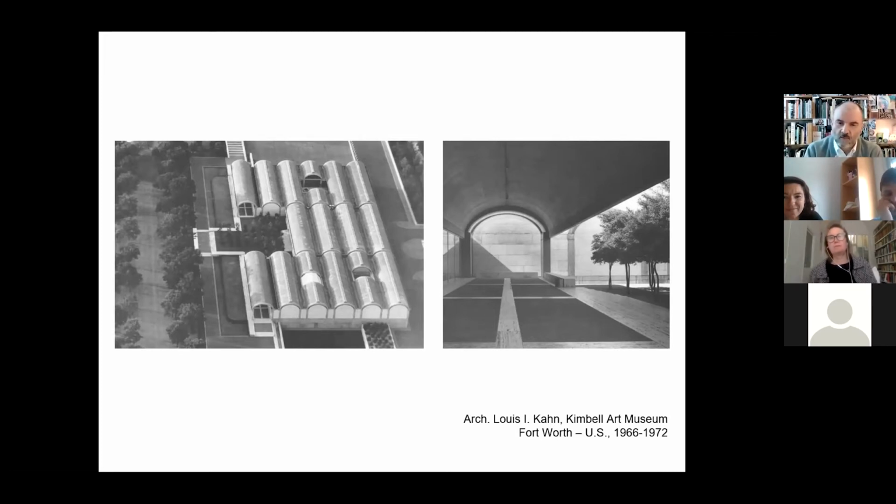He wrote a lot of manuals, and he was a great friend of Louis Kahn, and fundamental for Kahn in order to obtain the so famous architectural results of his works.